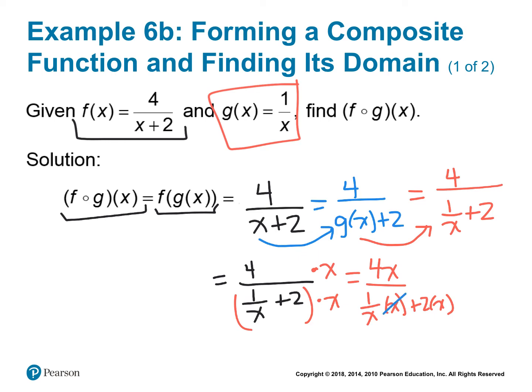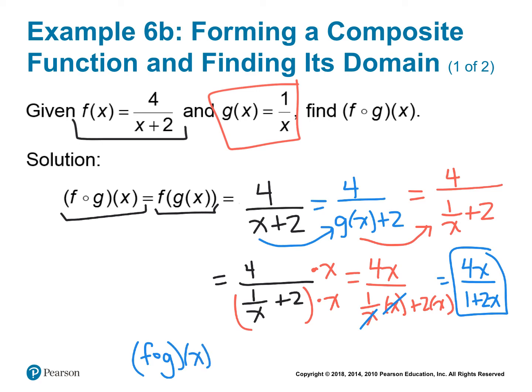And now my x's can cancel, so I'm left with 4x. Then I just have 1 plus 2x. Therefore, f with g of x equals 4x divided by 1 plus 2x.